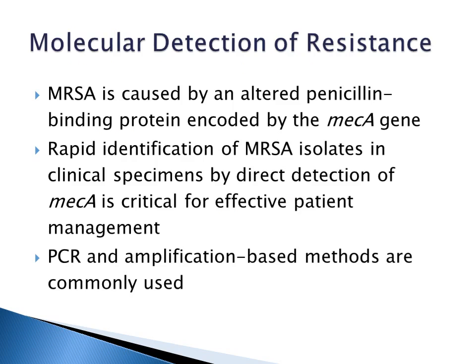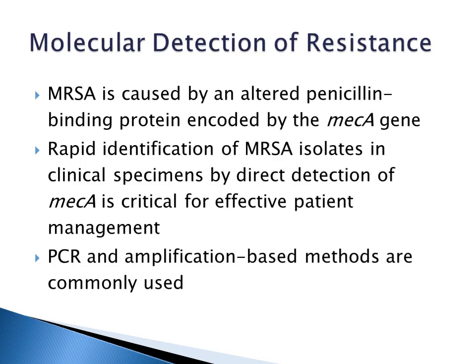So, in order to use molecular methods to detect resistance, we're going to talk about a couple of common resistant organisms. Methicillin-resistant Staphylococcus aureus, or MRSA, is caused by an altered penicillin-binding protein, and this penicillin-binding protein is encoded by the mecA gene.